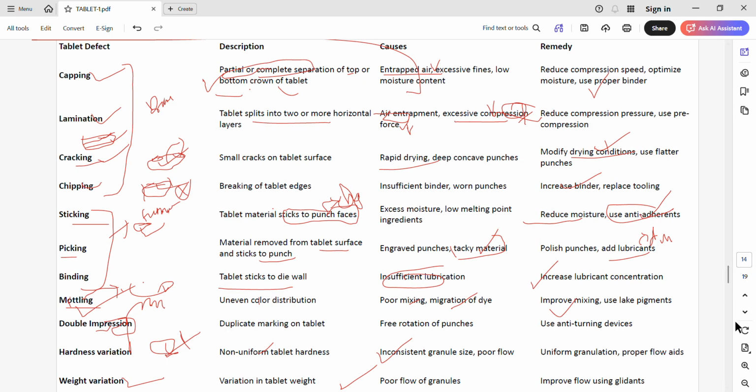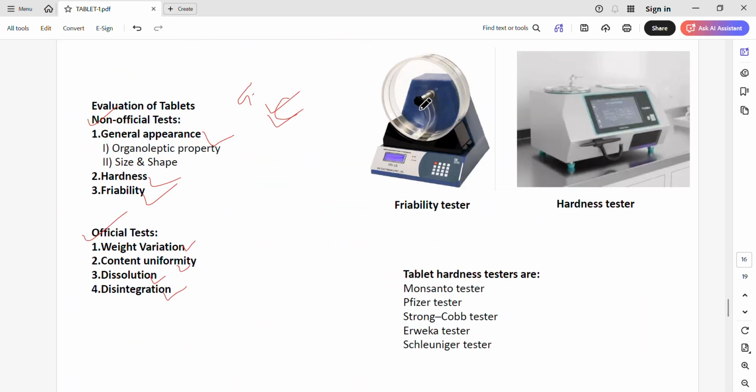After that we put them in the friabilator. It is rotated for 4 minutes. This is an important thing you should remember: it is 4 minutes and the speed is 25 rpm.